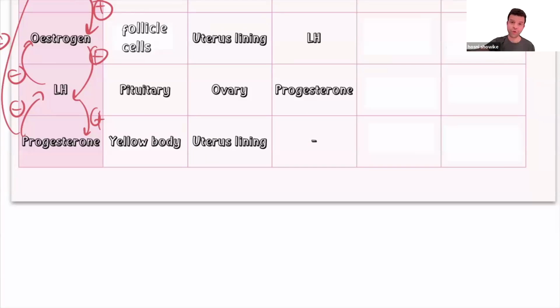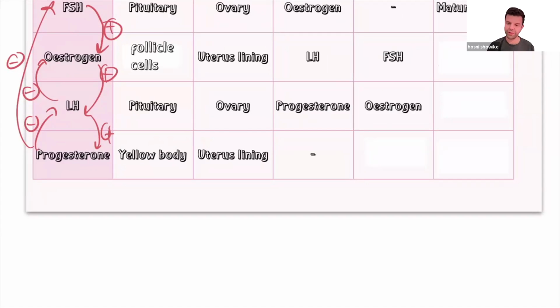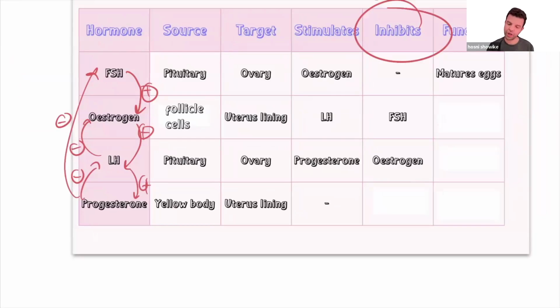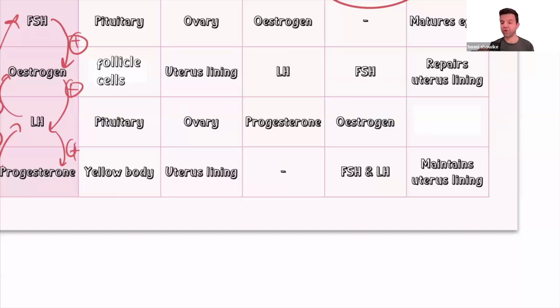There is no hormone after progesterone, so it's not going to stimulate anything else. And what would inhibit is always the hormone before, so we're inhibiting whatever hormone comes before. In short, for their function, estrogen is to build up and repair, progesterone is to maintain. So there's a big difference. When I say estrogen, it's to repair. When I say progesterone, it's to maintain.